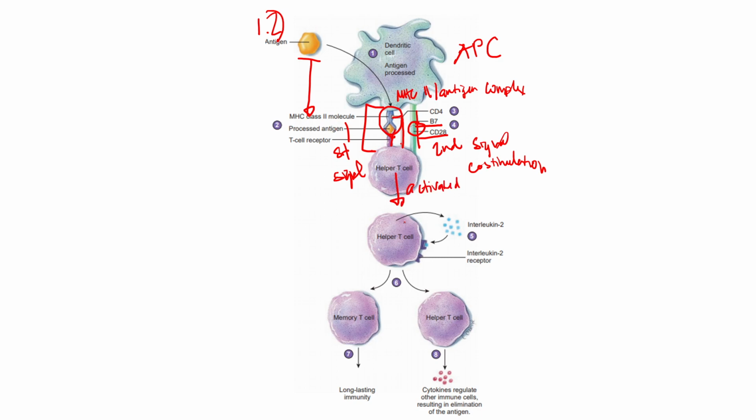When it is activated, it will release interleukin 2 and it will form interleukin 2 receptors. Interleukin 2 will activate itself and it will start the helper T cell to differentiate and divide. It will form more helper T cells and some will become memory T cells.